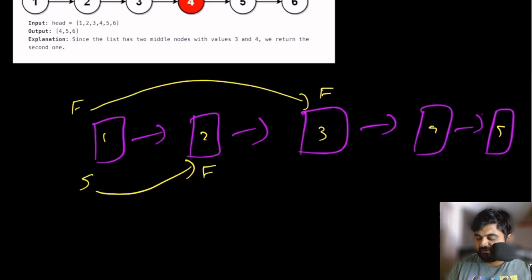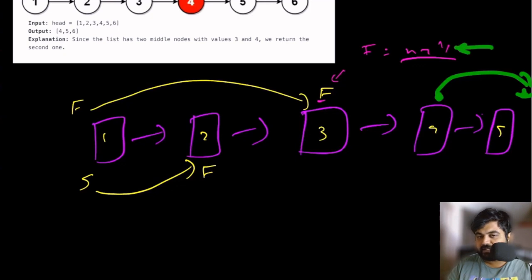Now every single time we will check whether the fast pointer is located at the end of the linked list or not. How can we determine? We can determine by checking if the fast pointer is equal to null, then we know we have reached the end, because it could be possible that, for example, the fast pointer is here, and if it tries to take 2 jumps, it would not be able to do it because it will reach a null value.